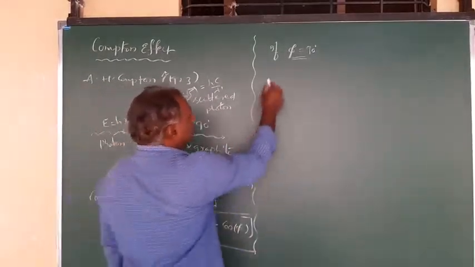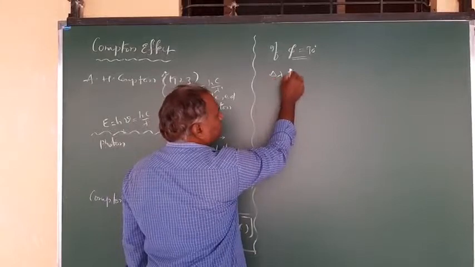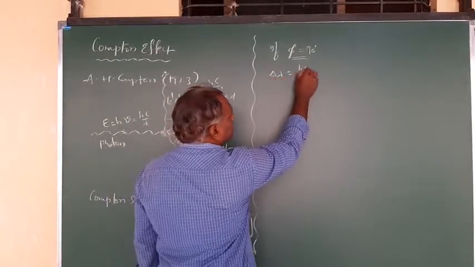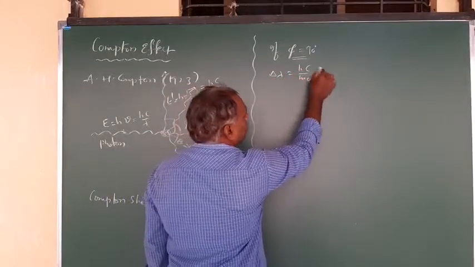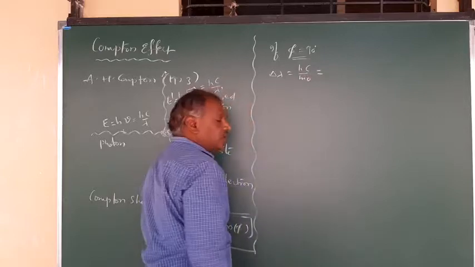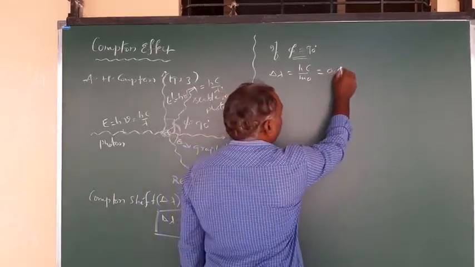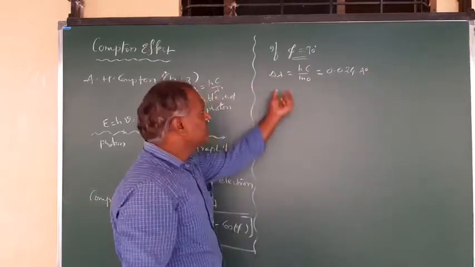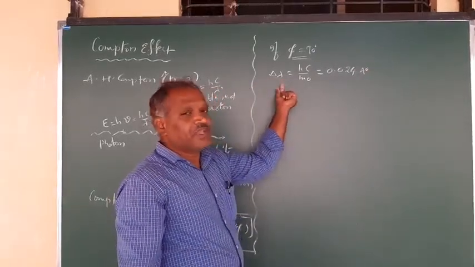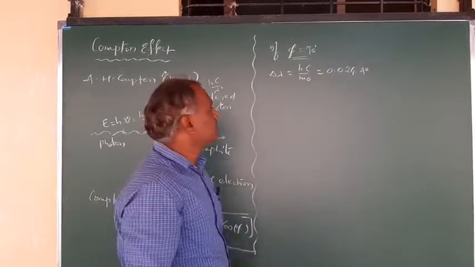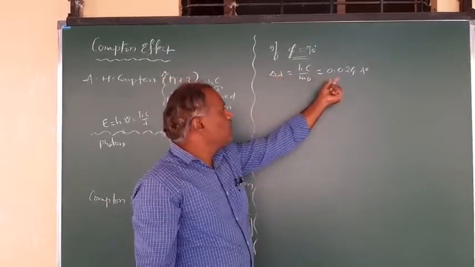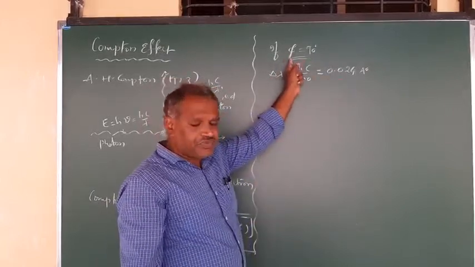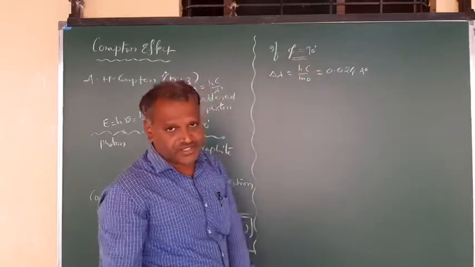Then delta lambda is given by h c by m naught. If you substitute everything and convert into angstrom units, it becomes 0.024 angstrom. This is the Compton shift observed when the scattering angle is 90 degrees.